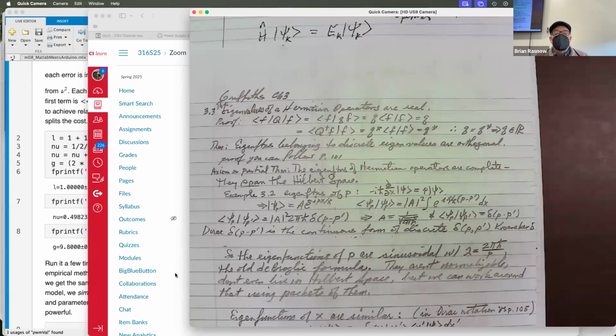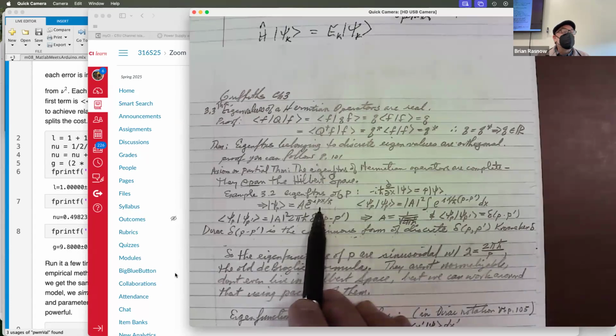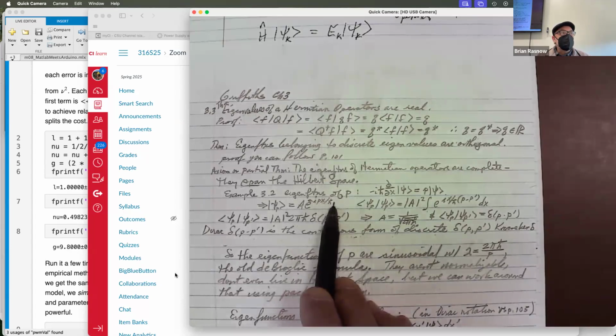And if you want to think of this using Euler's theorem, that's a cosine of p x over h bar minus i sine p x over h bar.